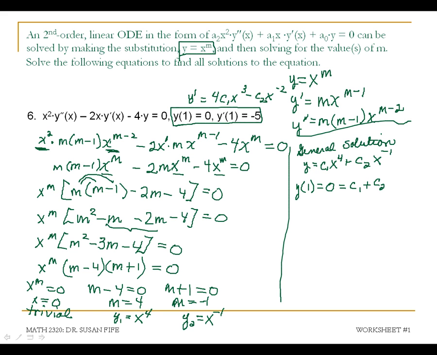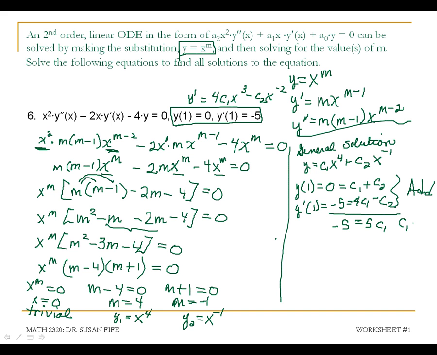And then substituting 1 in for x, 1 to any power is 1, is just going to cancel out those x's. So I get y prime of 1 goes here. Y prime of 1 is negative 5, is going to give me 4c1 minus c2. And here we can just add equations together because the c2's will cancel each other out, and we'll get negative 5 is equal to 5c1.